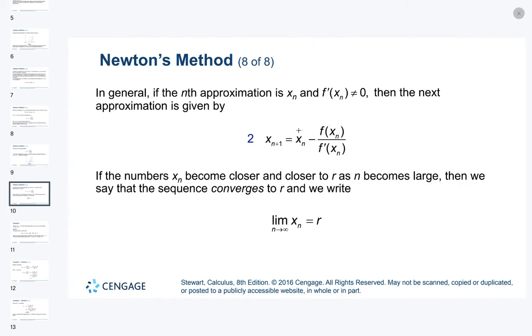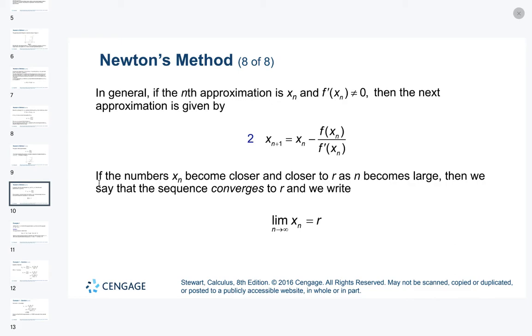If xn is your nth approximation, then xn minus f of xn over f prime of xn is your next approximation. If n were 1, putting x1 here gives you x2. If n were 2, placing x2 here gives you x3. Starting with x1, you can get x2 using this formula. Starting with x2, you can find x3 and so on.